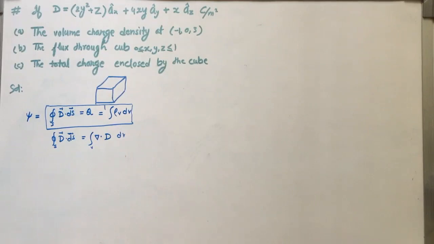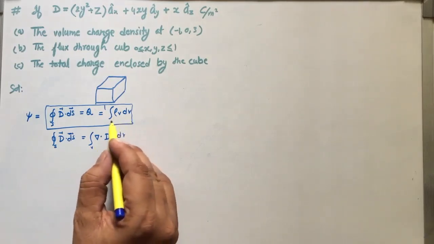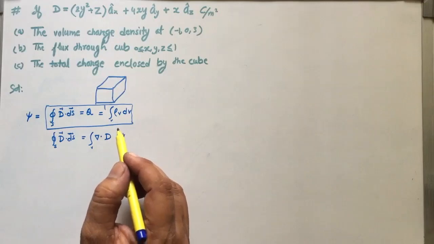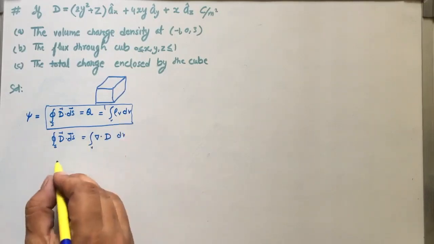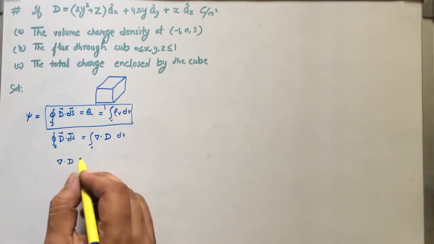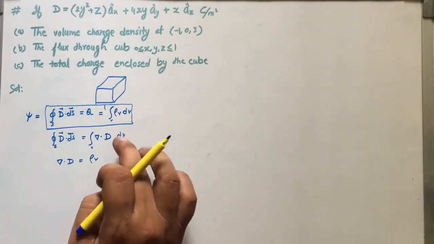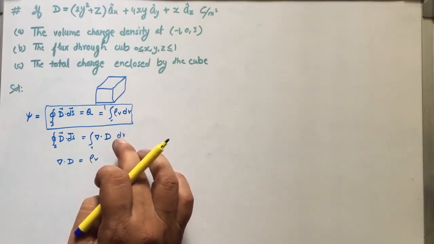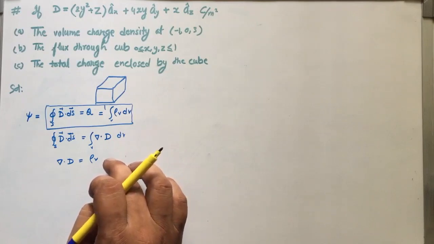If we relate this term and this term, then we find this is equal to this. So from here we can write del dot D equals rho v. This is also known as Maxwell equation in integral form and in differential form.